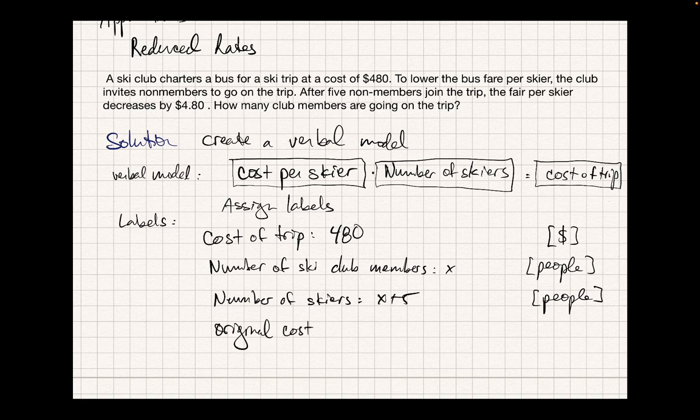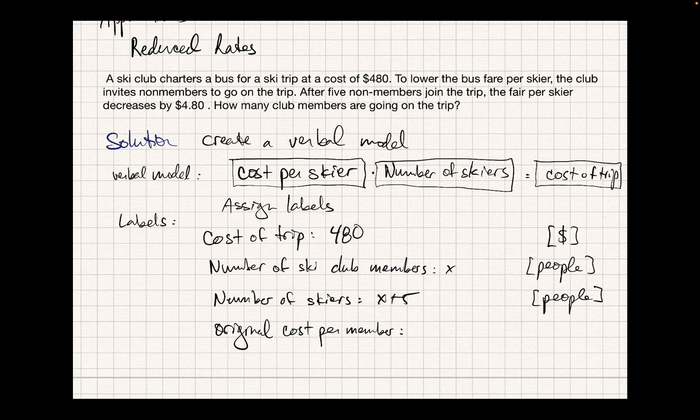Original cost per member. Is that like Y or something? It's whatever decreased to 4.